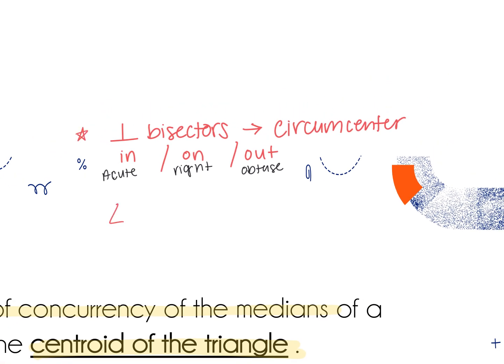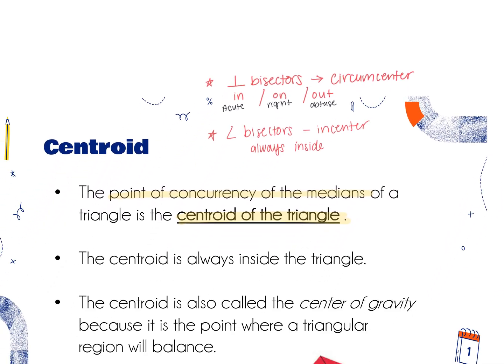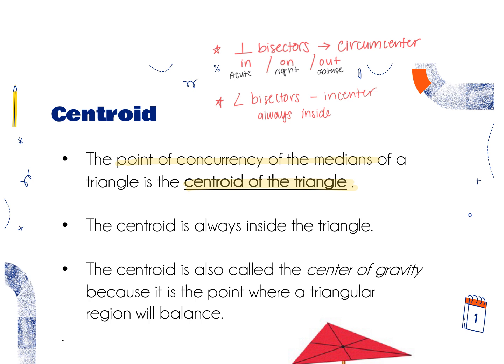Then I have angle bisectors, which give the incenter. That's the point of concurrency when I'm dealing with angle bisectors, and it is always inside. When I'm looking at centroids, centroids are also always inside the triangle.